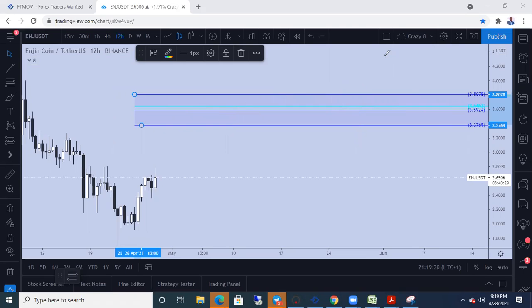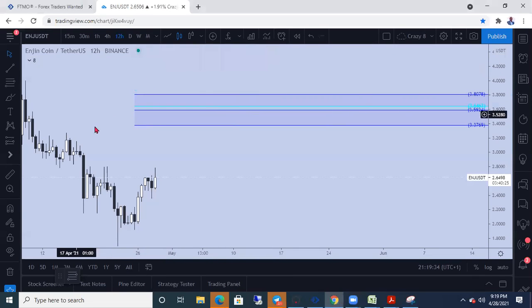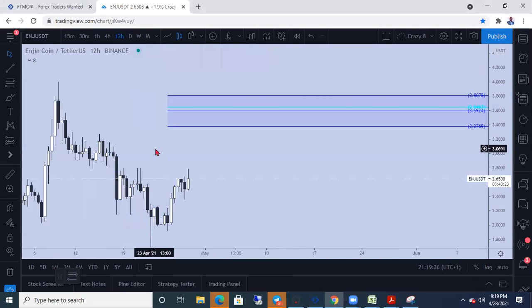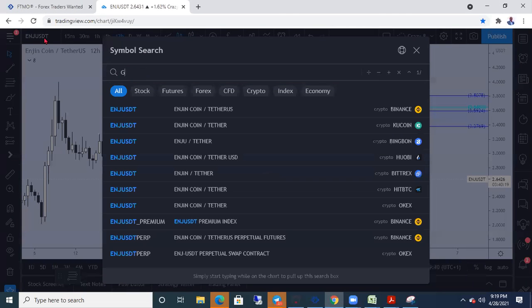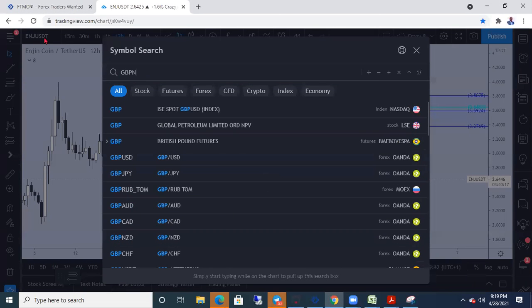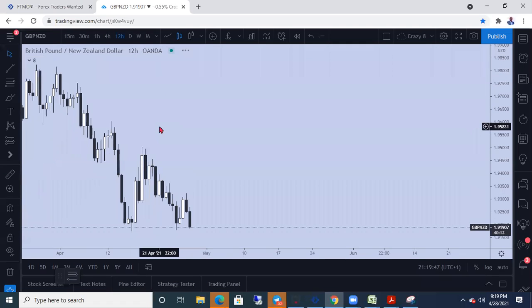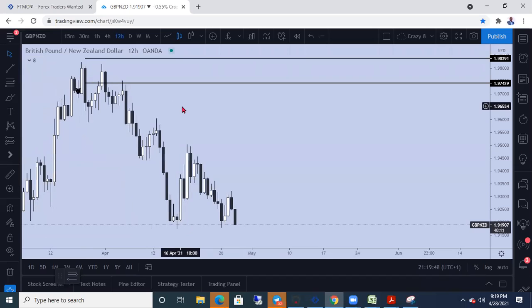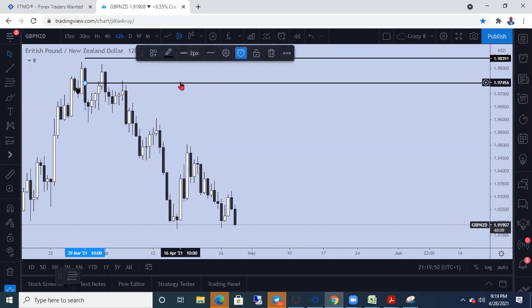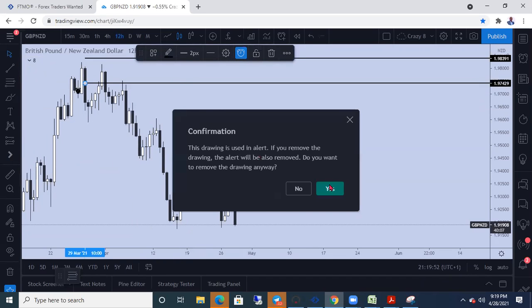Right? So let's come back to the charts and see how we apply that. Let's go back to, was it GN we're using? Yeah, GBP and ZD. And I love using Oanda because they basically do not show gaps.